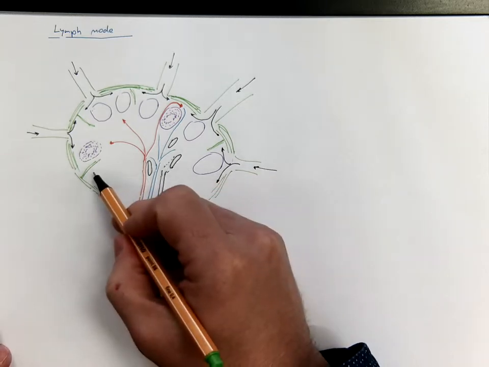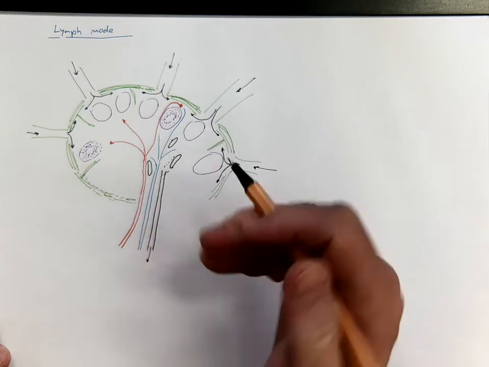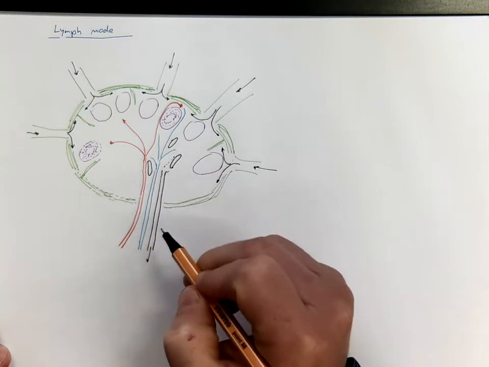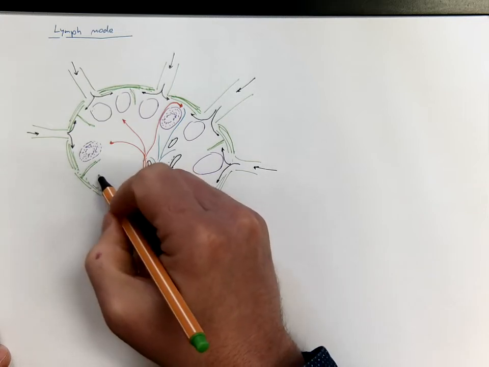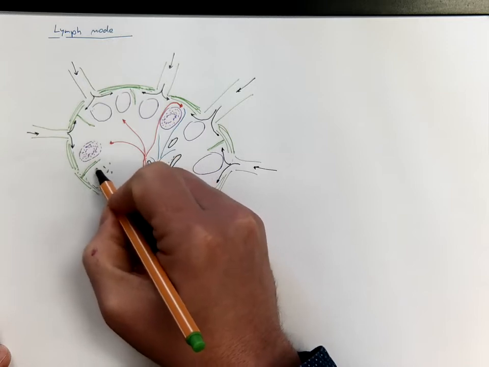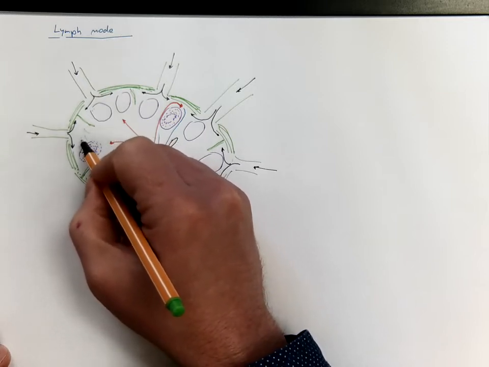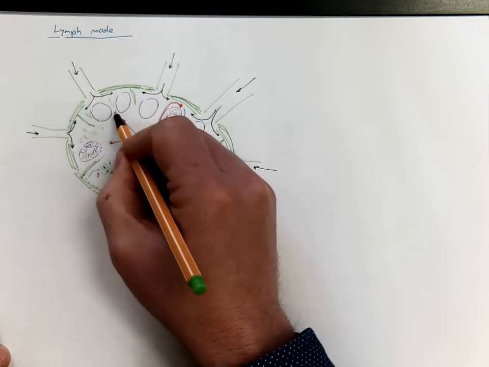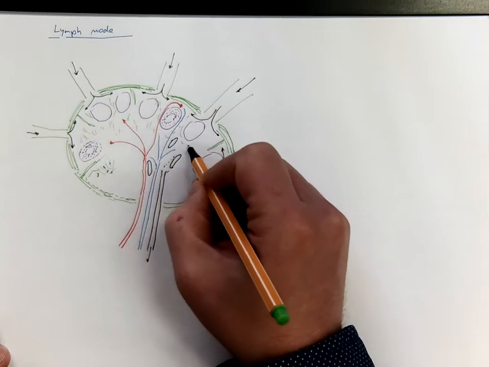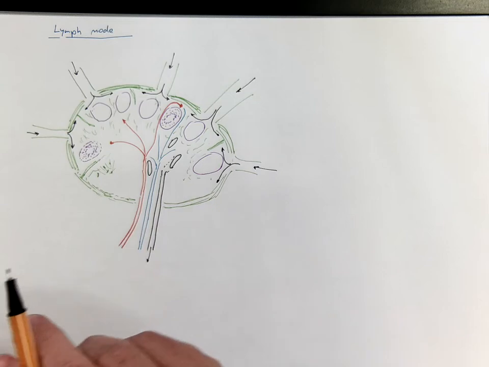The stroma that forms and maintains the shape and the inner structure of a lymph node is made of reticular connective tissue. So we have many fibroblasts and reticular fibers here, providing support to the other structures.